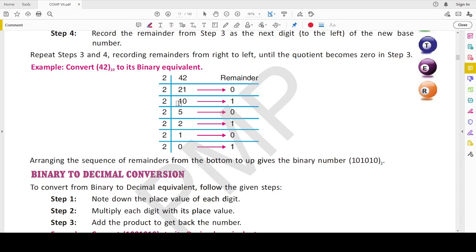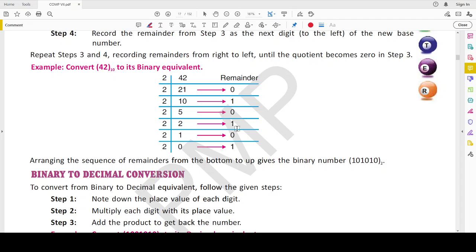Again divide 10 by 2. Quotient is 5. Remainder is 0. Again divide 5 by 2. Quotient is 2. Remainder is 1. Again divide. Quotient is 1. Remainder is 0. Divide again. You will get a 0 and remainder 1 over here.